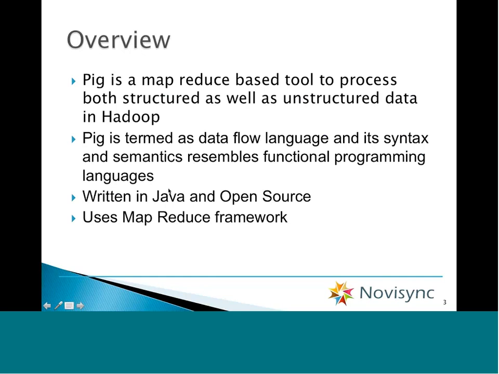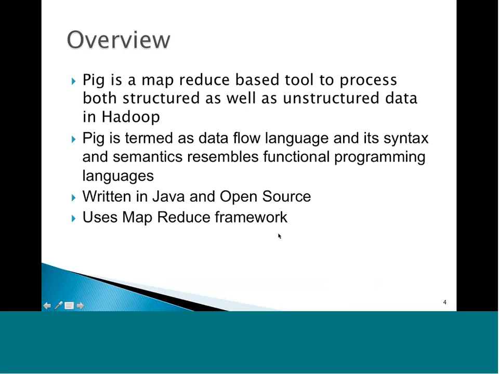PIG is a MapReduce-based tool to process both structured as well as unstructured data in Hadoop. It is termed a data flow language, and its syntax and semantics resemble functional programming languages such as Python, Perl, etc. It is primarily written in Java and is open source.